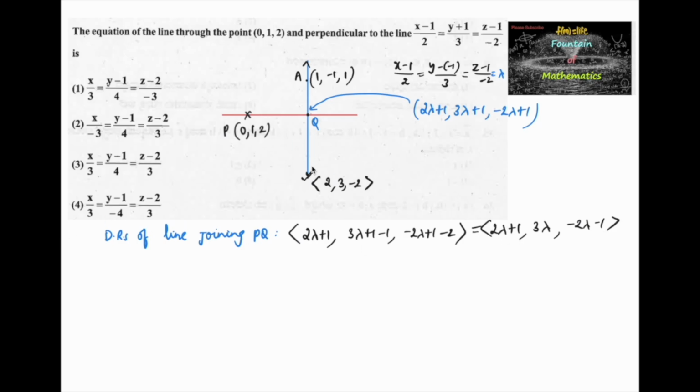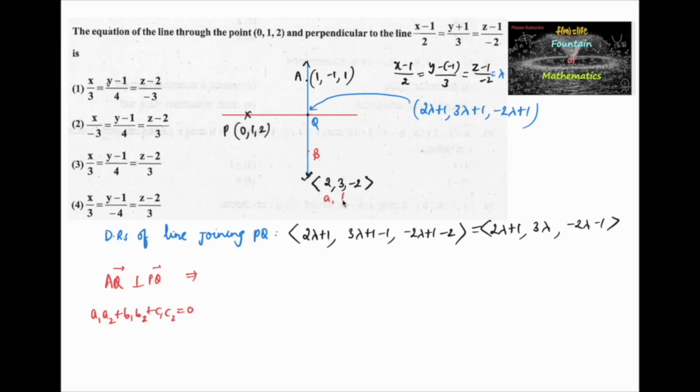And since AQ is perpendicular to PQ, we can say if A1, B1, C1 and A2, B2, C2 are the direction ratios of two perpendicular lines, we have the relation A1 A2 + B1 B2 + C1 C2 = 0.